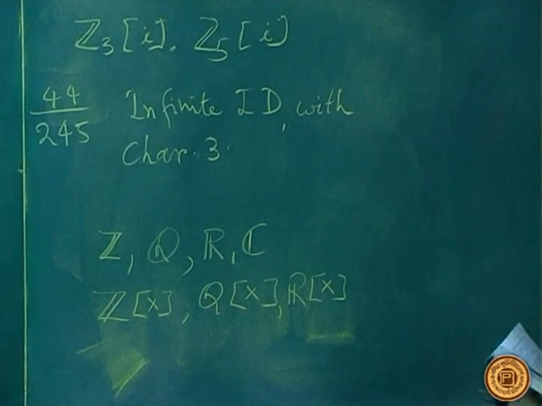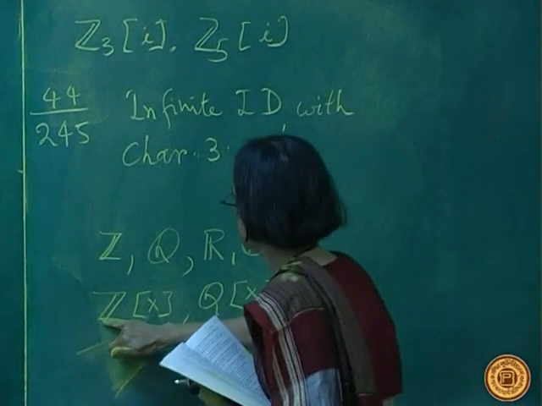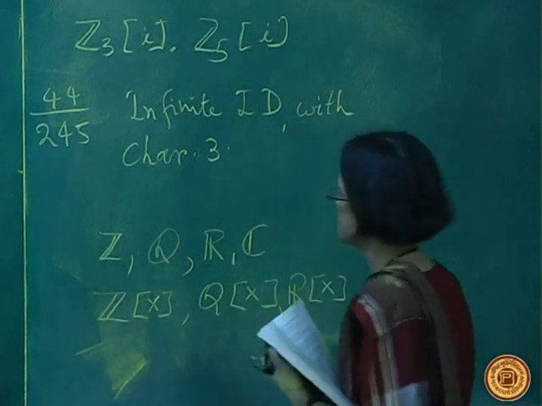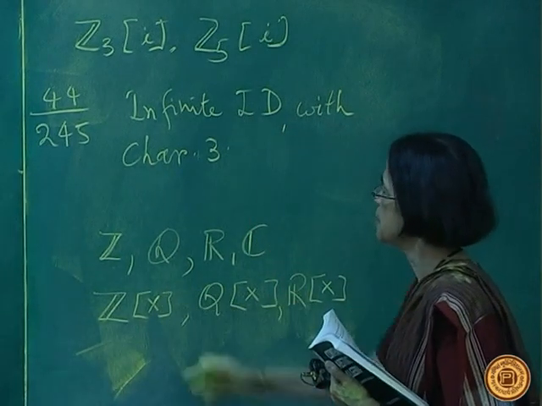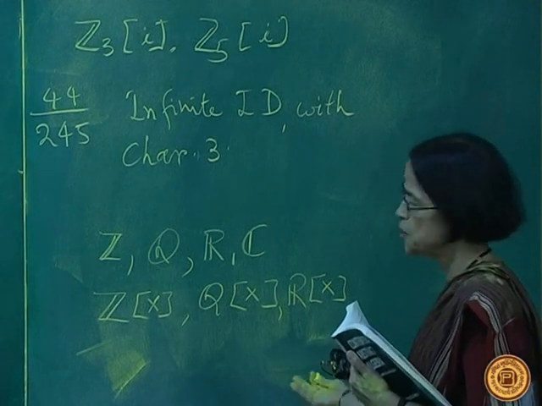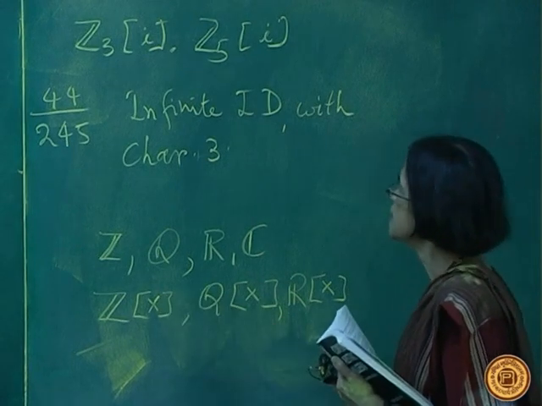And they are generated over Z in the polynomials in the indeterminate x. What can be the degree of the polynomial? Any positive integer. How many positive integers? Infinite.